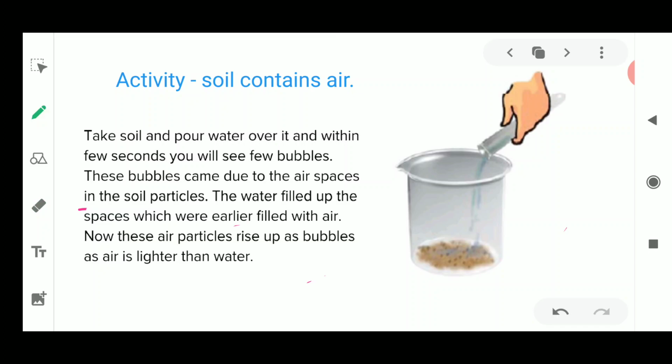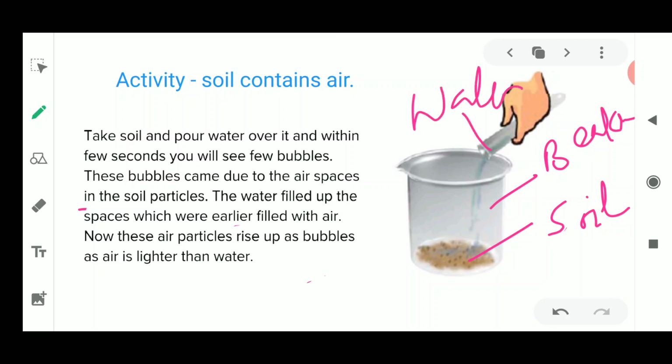These bubbles can be seen very clearly because of the soil present here in the beaker, and you are pouring some water. So only these three things are required for the experiment. I'll just write the labeling also, so that it becomes easy for you all to understand.